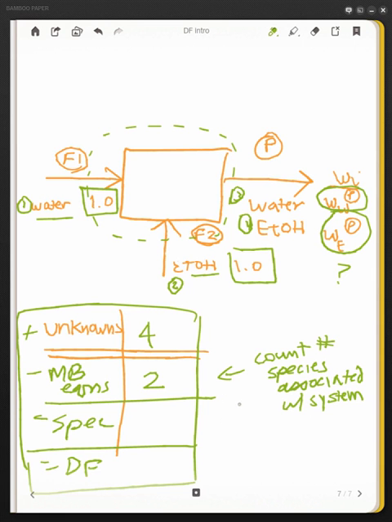However, we already know that the sum of the mass fractions of every component in a stream has to equal 1. That is by definition. So the fact that we only have one component in that stream with a mass fraction of 1 is not new information, so we don't count that as a specification.